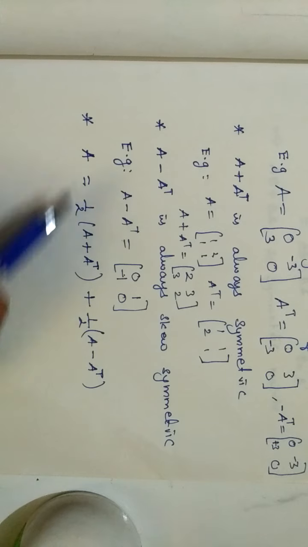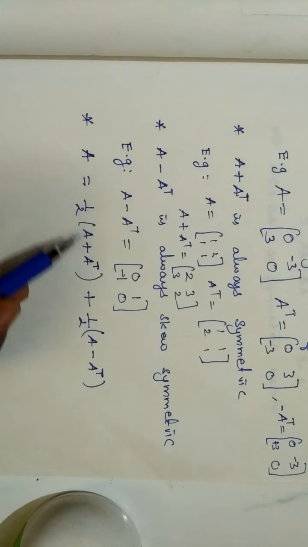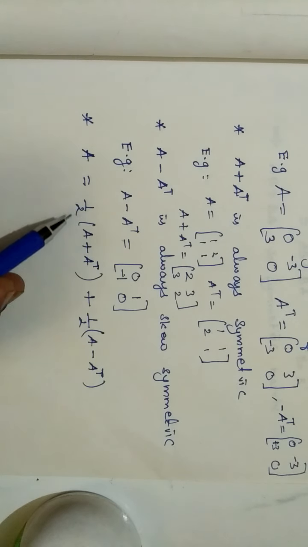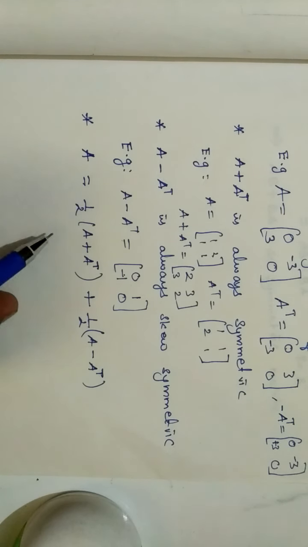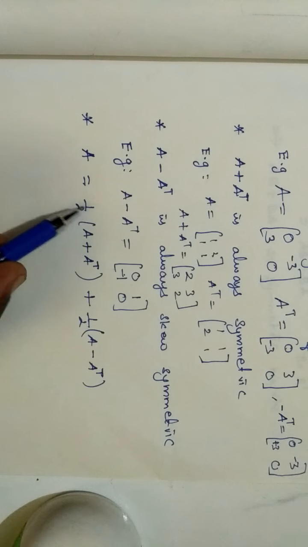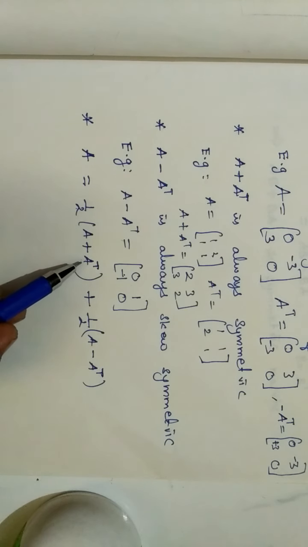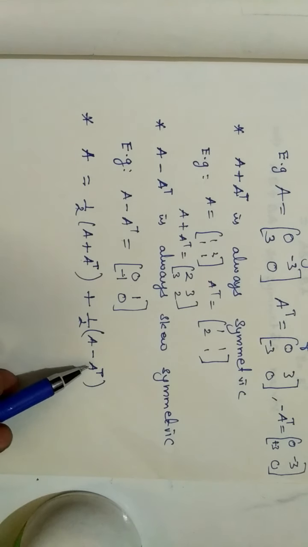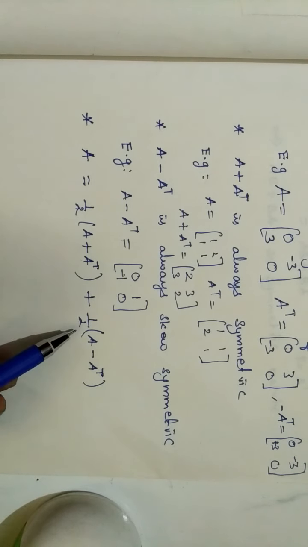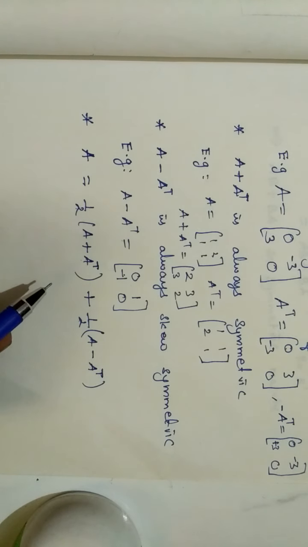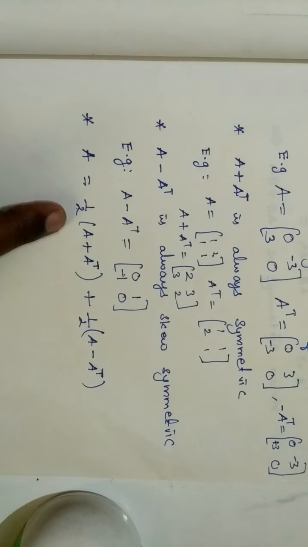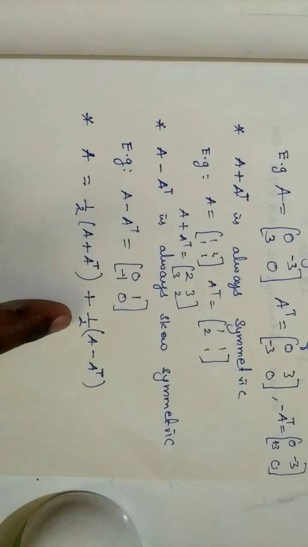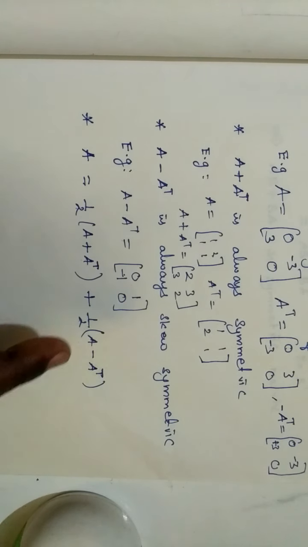How both will be equal: if you multiply the 1 by 2 inside, this will become half of A, and here another half of A, both will become A. And half of A transpose and minus half of A transpose will get cancelled. So A you can write as half of A plus A transpose plus half of A minus A transpose.